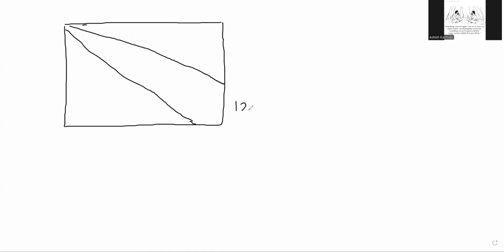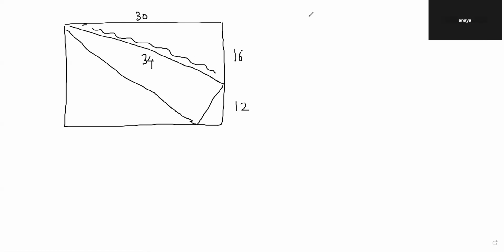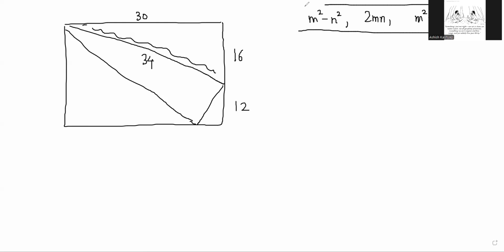We got this as 12, this is 16. This was how much? 30, right? And we got this as 34. We got the correct triplets here, right? The method that we did was m square minus n square, 2mn, and m square plus n square is a way to find triplets.